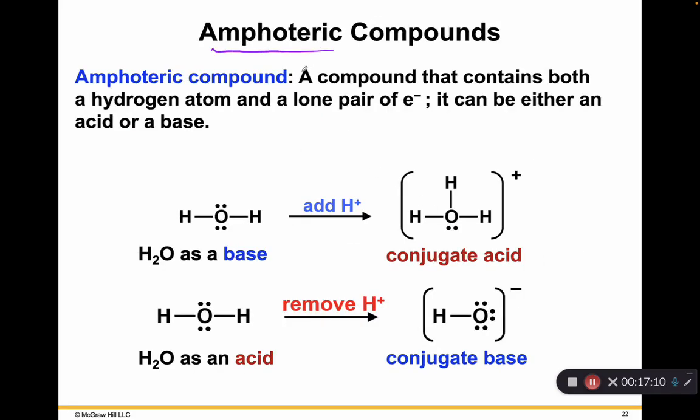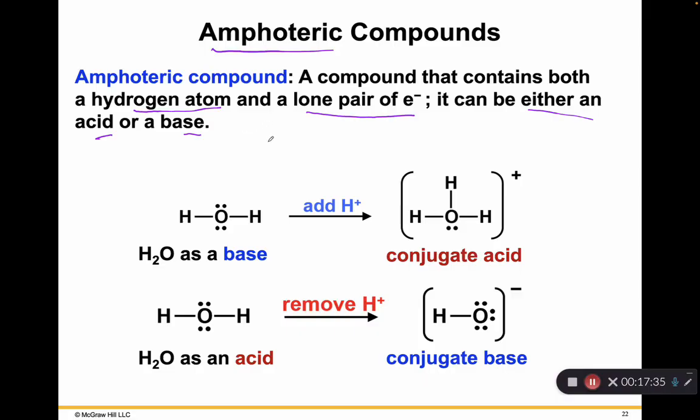They are amphoteric compounds. So an amphoteric compound means a compound that contains both a hydrogen atom as well as a lone pair of electrons. It means it can act either as an acid or as a base, depending on who you are neutralizing with.